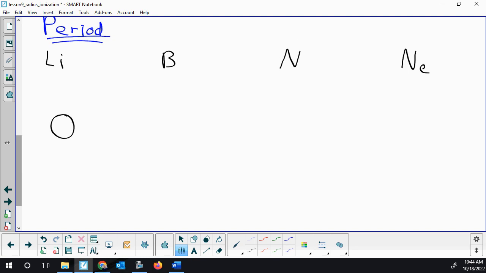So lithium, 3 protons, boron, 5 protons, nitrogen, atomic number 7, so 7 protons, and then we get to a noble gas, 10 protons. Every one of these elements has the first energy level filled.